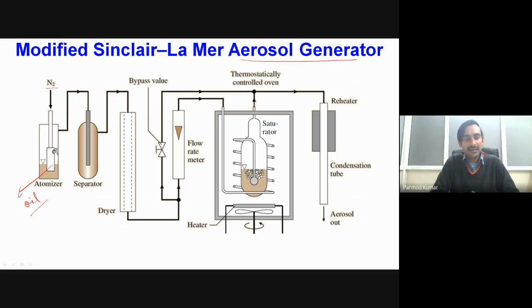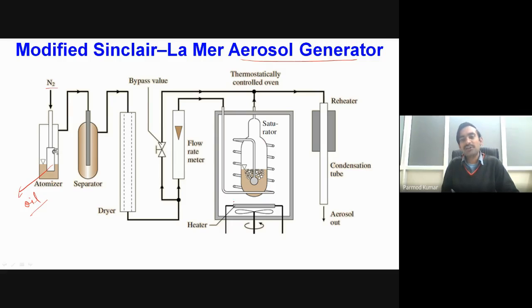While this air is introduced, it will generate a large number of liquid droplets, which will be carried with the help of this separator, and then these liquid droplets will be dried inside a dryer. Then we will measure the flow rate of the liquid droplets, and we will pass this through a saturator.